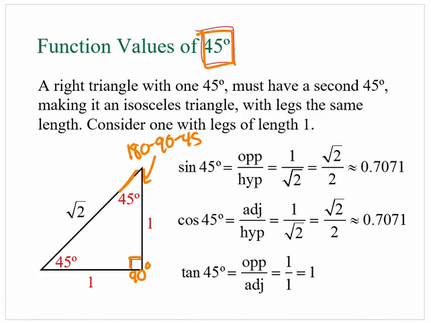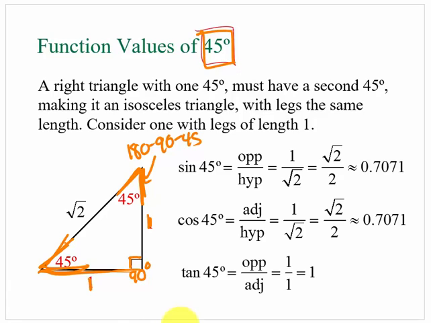So if this angle here is 45 degrees, for the opposite length, I can just arbitrarily say that that's 1 unit. That means that across from my other 45 degrees, that also has to be 1 unit long.